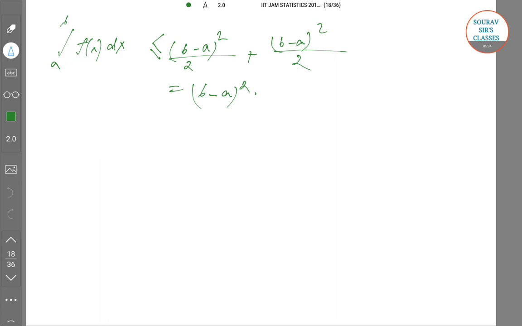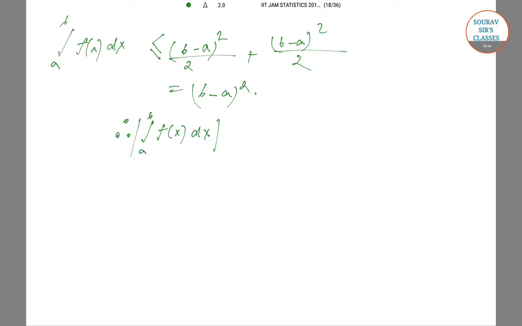So it is giving us that the integral from a to b of f(x) dx is less than or equal to (b - a) whole squared. Therefore C is correct.